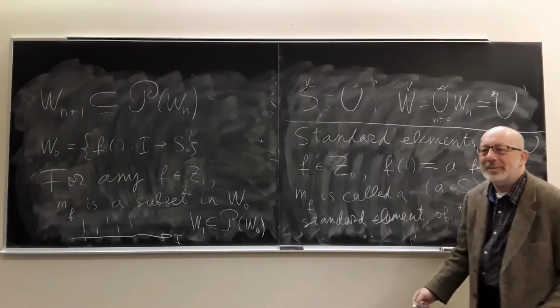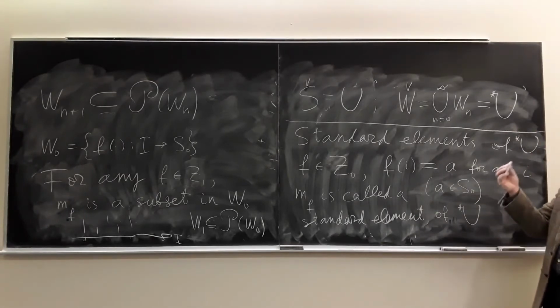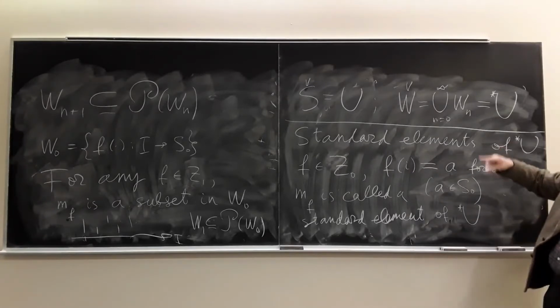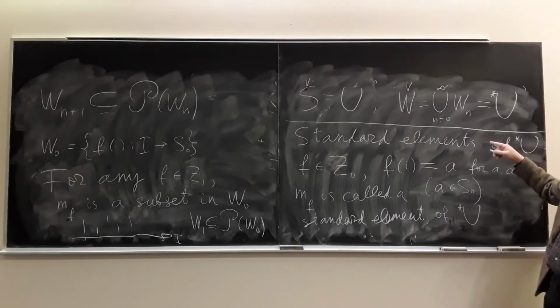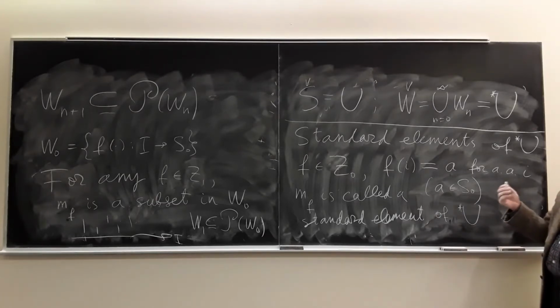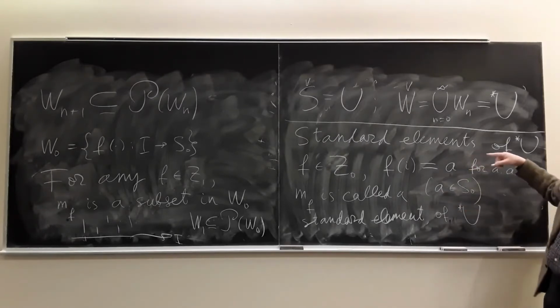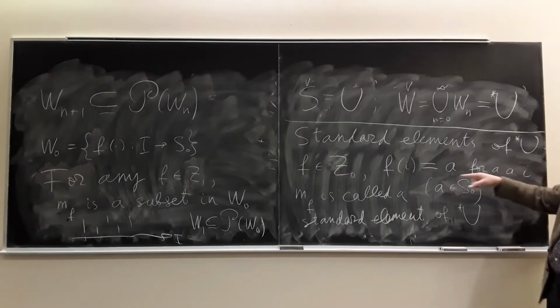So if you have, say, the number 1, consider the function such that for all I its value is 1. Then this is just 1, and we can identify our usual 1 as a real number with the equivalence class of this constant function 1.